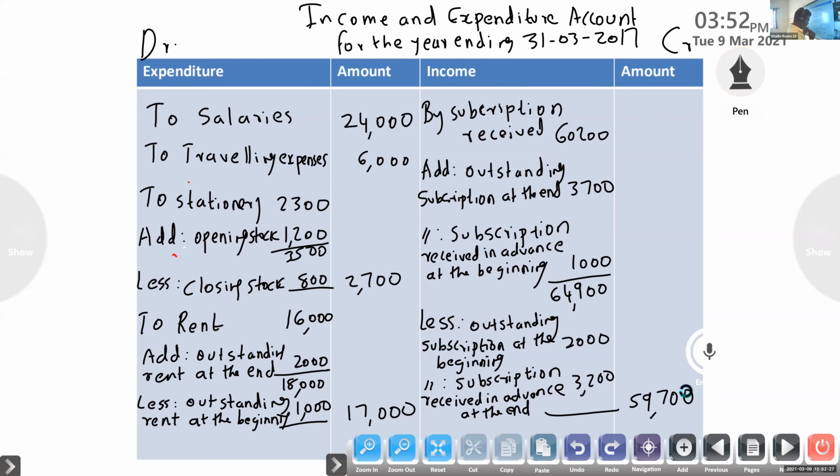Okay. So every adjustment is there in additional information. So in the receipt side, no other adjustment. So by subscription, add outstanding at the end, received in advance in the beginning, add, less opposite.